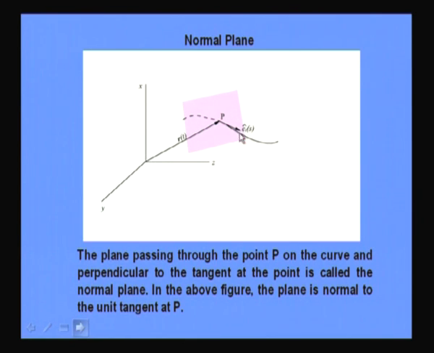Draw a tangent at this point, that is et(s), and this plane is perpendicular to the tangent line. The curve is coming out this side, and that side it has been shown dotted. This plane is normal to the unit tangent at P and is called the normal plane.